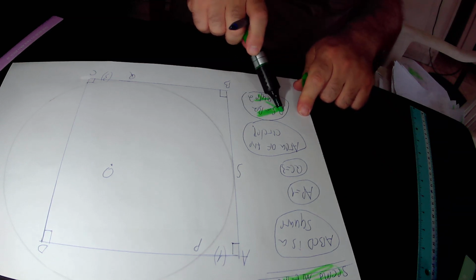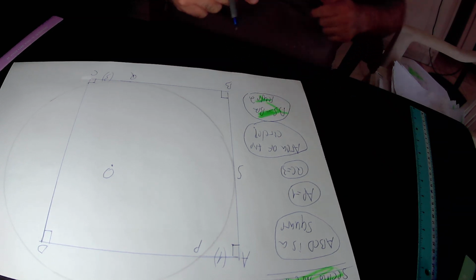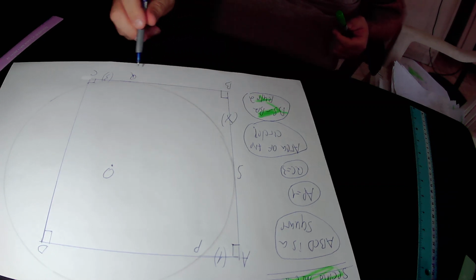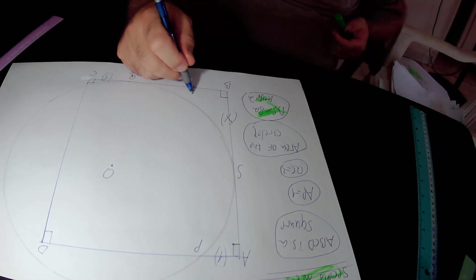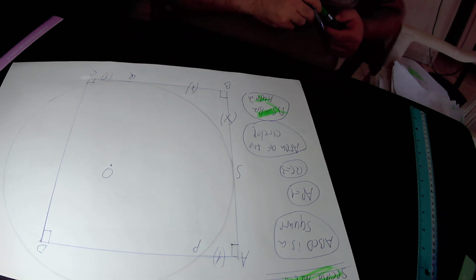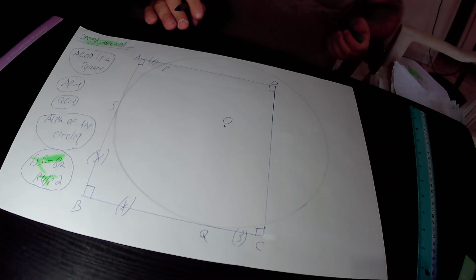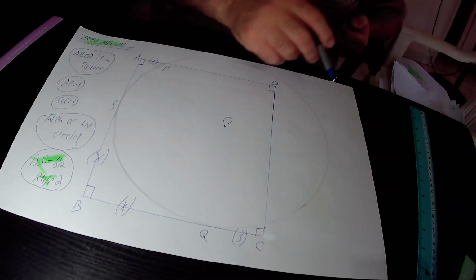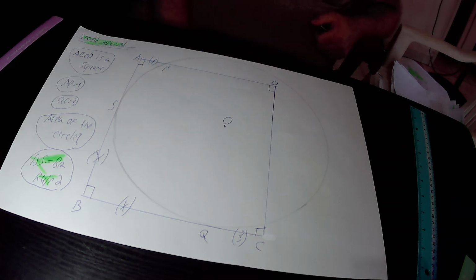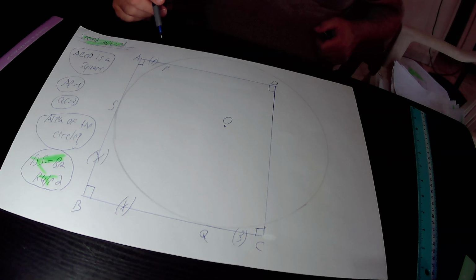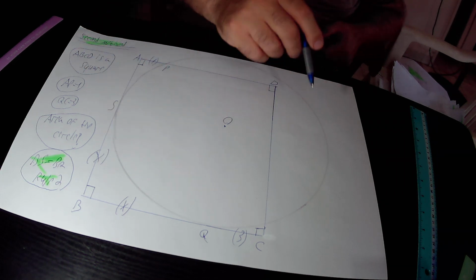So if we define the length of this tangent BS as x, then the length of this tangent BQ must also be equal to x because they are equal to each other according to rule 2. So we know that all the sides of this square ABCD are equal to each other. That is to say, AB equals BC equals CD equals DA. And especially side AB equals side BC.